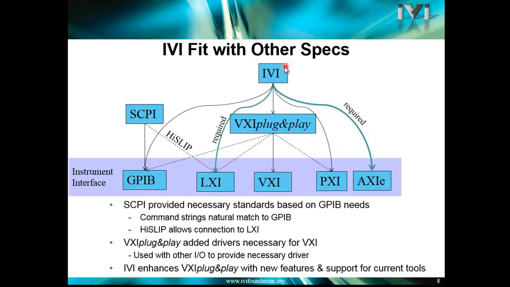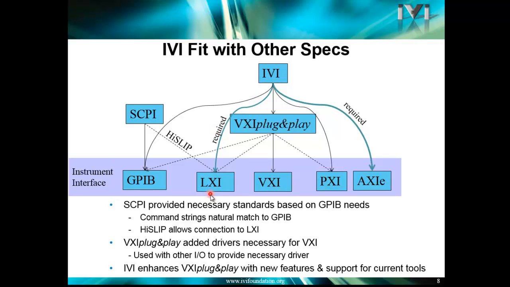So one of the things to notice here is that the IVI standards as a higher level driver standard really describes the instrument interface in a way that lets you access instruments on any of the common instrument interfaces, making use of some of the other standards in the stack.